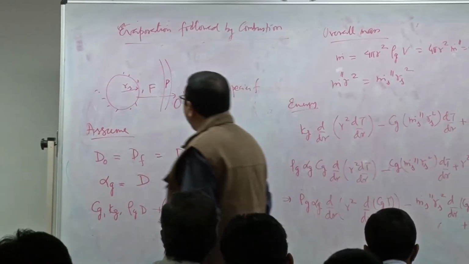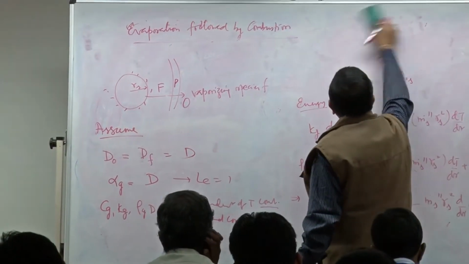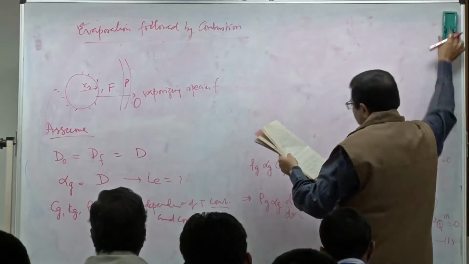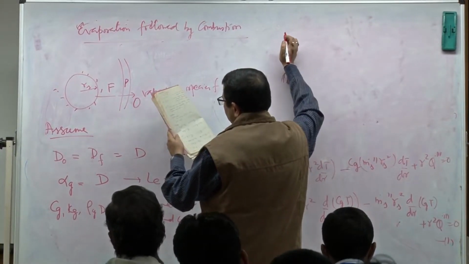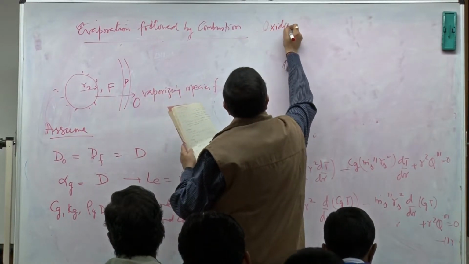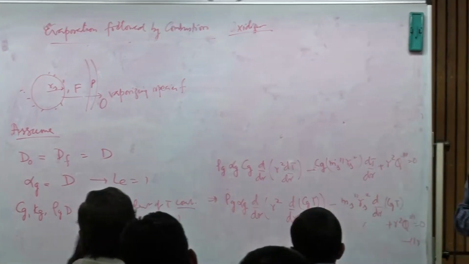Similarly, for the mass conservation, we can get species mass conservation, another expression, which is, let us do it for the oxidizer first, because remember that every species now will have a different equation.